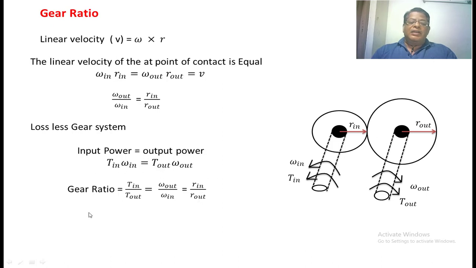This is nothing but the gear ratio. So from this expression we can say very easily that whatever torque is applied at the input, the torque we take from the output is directly proportional to the radius of the wheel.